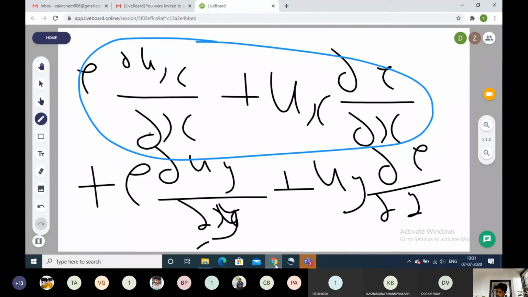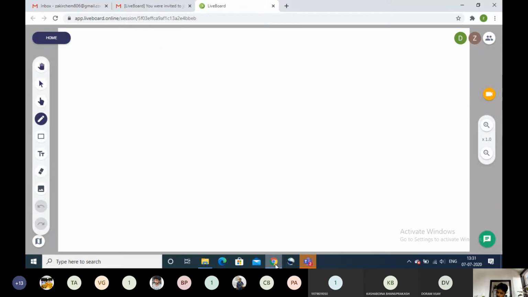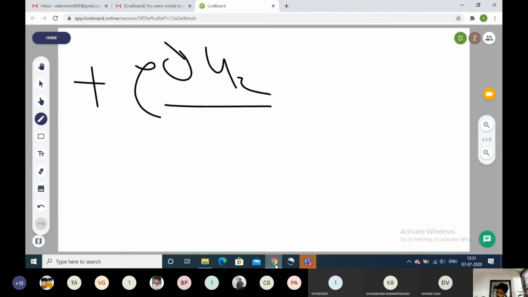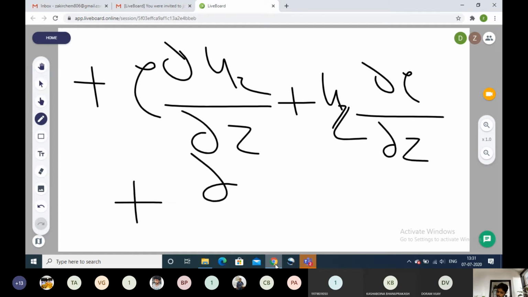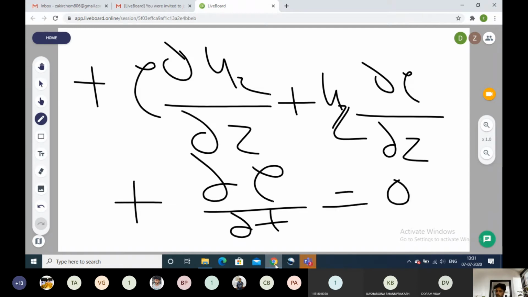Then, continuing this equation, I'm going to the next slide. The next term, for the z direction, is rho into dou uz by dou z plus uz into dou rho by dou z, and the left out term from equation 16 is dou rho by dou t, which is the unsteady state term. It is equal to 0, since we already neglected it, and we consider the reaction to be 0.